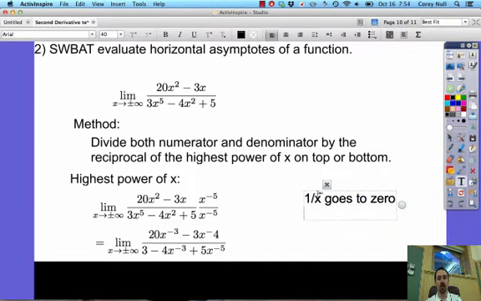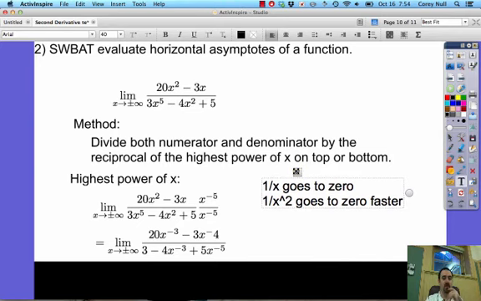Now, what about 1 over x to a power, something bigger than 1, so x squared? This is also going to go to 0, but even faster.